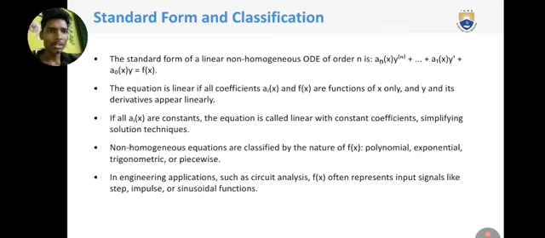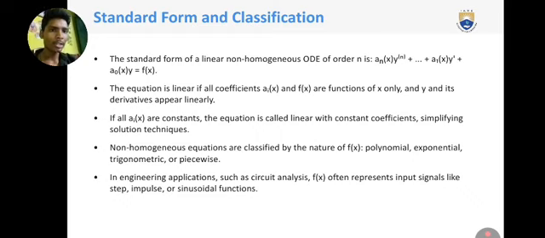The equation is linear if all coefficients ai x and f of x are functions of x only, and y and its derivatives appear linearly. If all ai x are constant, the equation is called linear with constant coefficients.